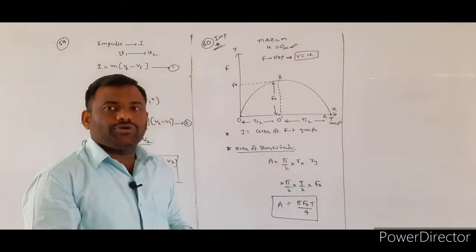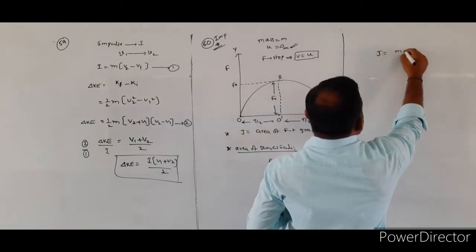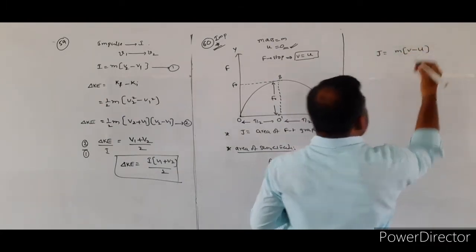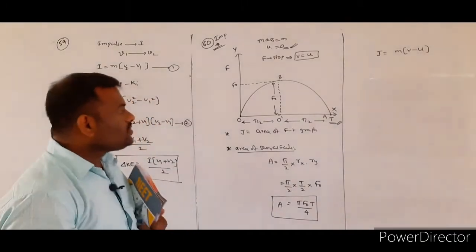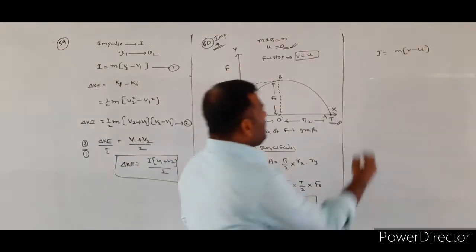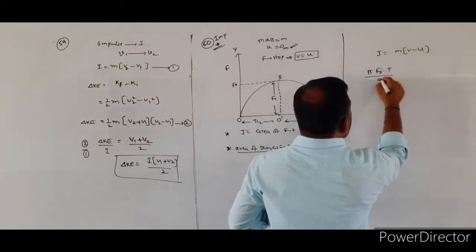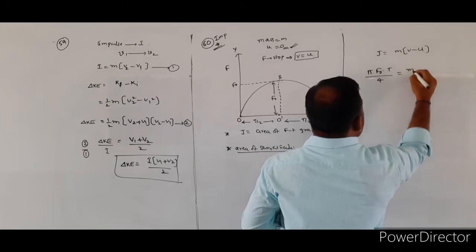Then the remaining portion is very easy. Already we know that impulse J is equal to change in momentum. Impulse is nothing but the area, which is pi F naught into T by 4, and mass is m.